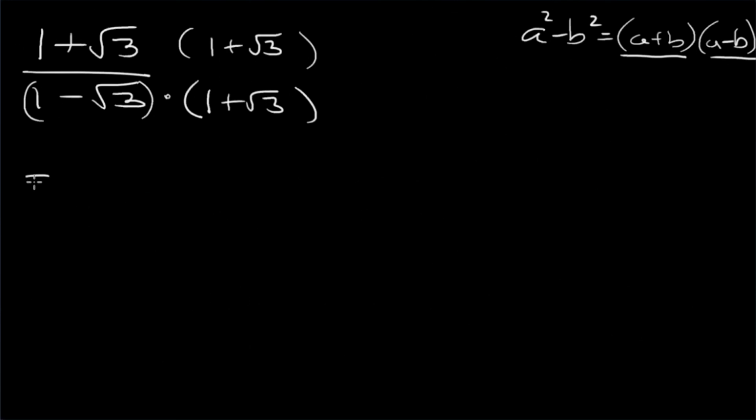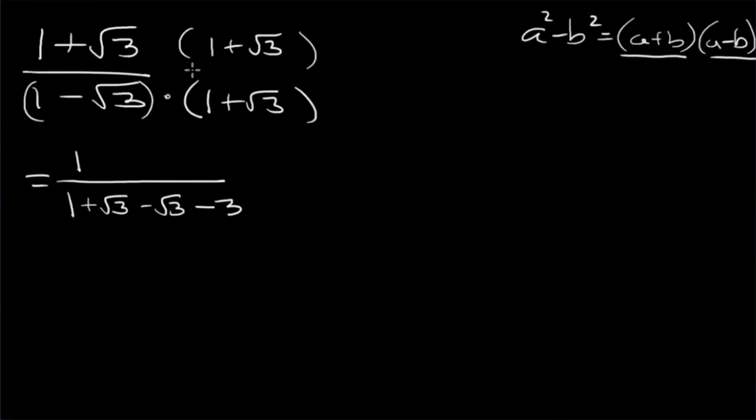And I'll distribute now. So 1 times 1 is 1. 1 times positive root 3 is plus root 3. 1 times negative root 3 is negative root 3. And negative root 3 times root 3 is just negative root 3 squared, which is just negative 3. In the top, I have to FOIL that out.